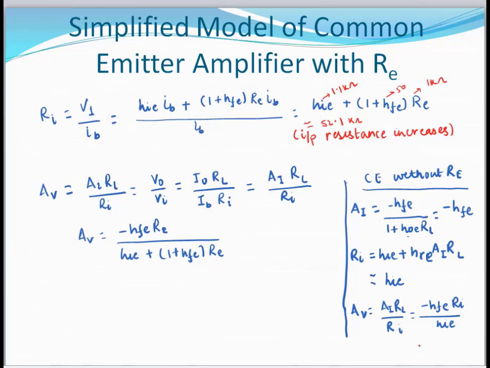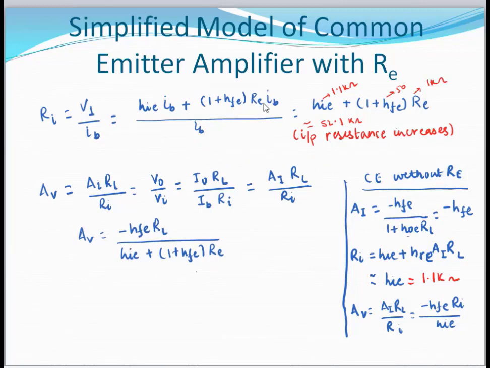Common emitter without RE, HIE comes around 1.1 kilo ohm, and here we are getting 52.1 kilo ohm. So input resistance increases many times here.